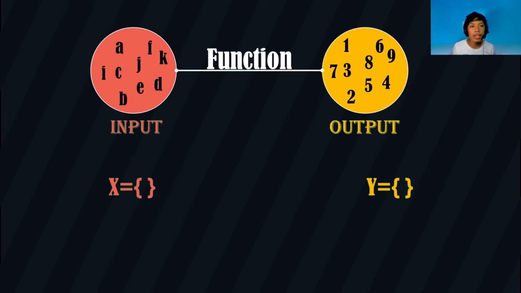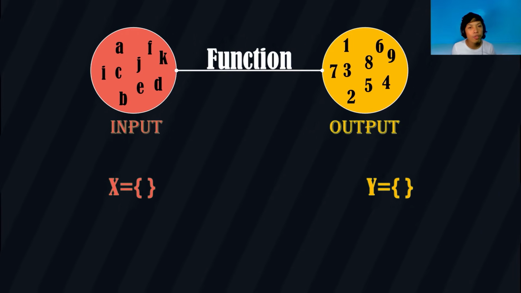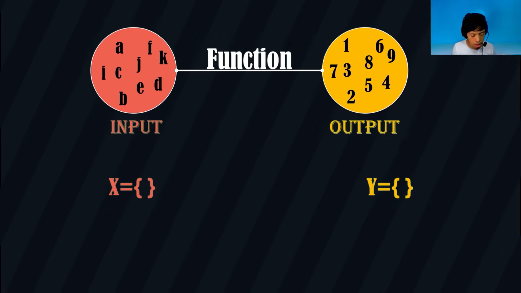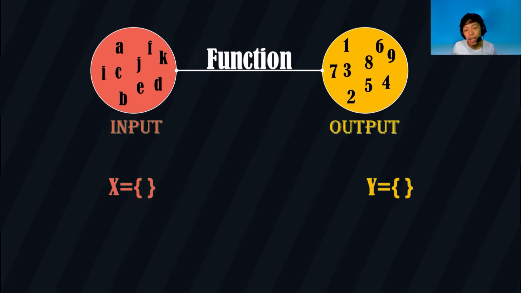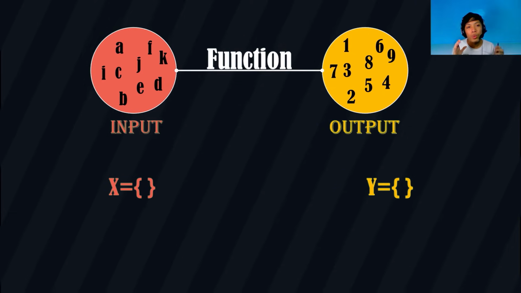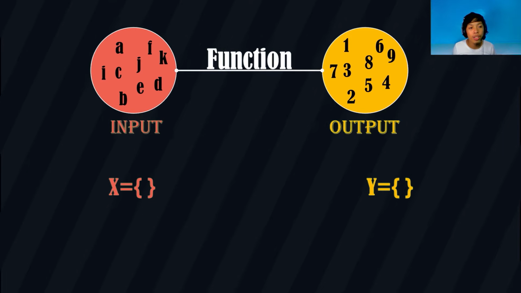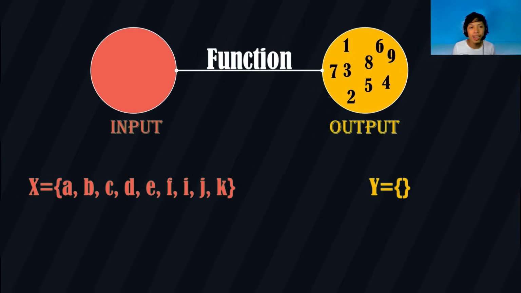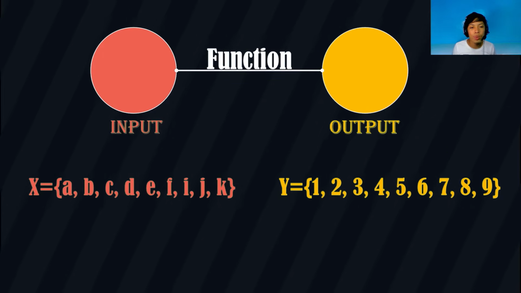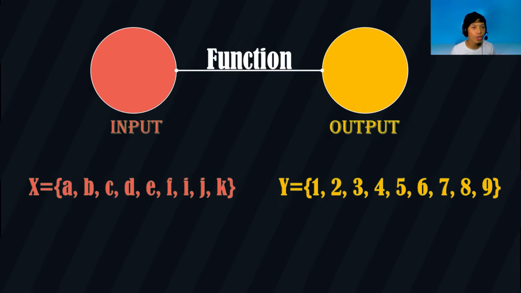A set is often represented in this mathematical notation. So we have X equal to, then inside the brackets, you put the elements. That's how we write sets in mathematical notation.